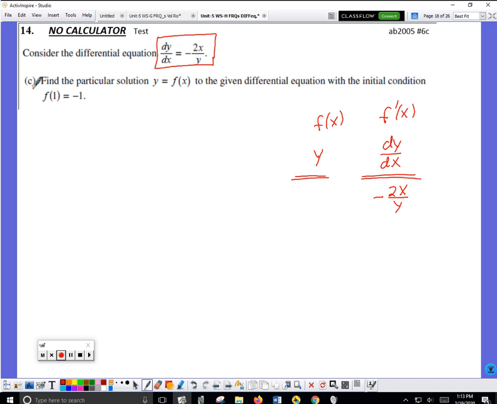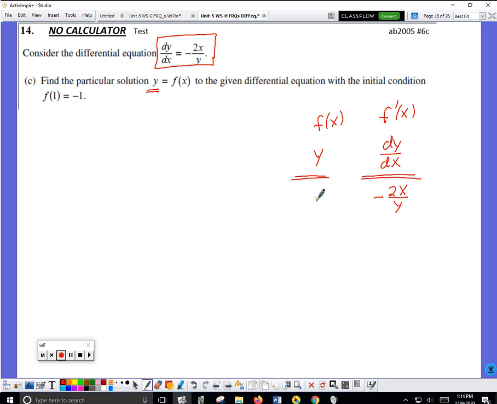Then it says, find the particular solution. Now remember, y means same as f of x. So they're saying, find the particular solution y, or if you like, call it f of x, either one, to the given differential equation. They are saying, we gave you this equation, would you please find this equation? That's all they're asking. Are you with me?